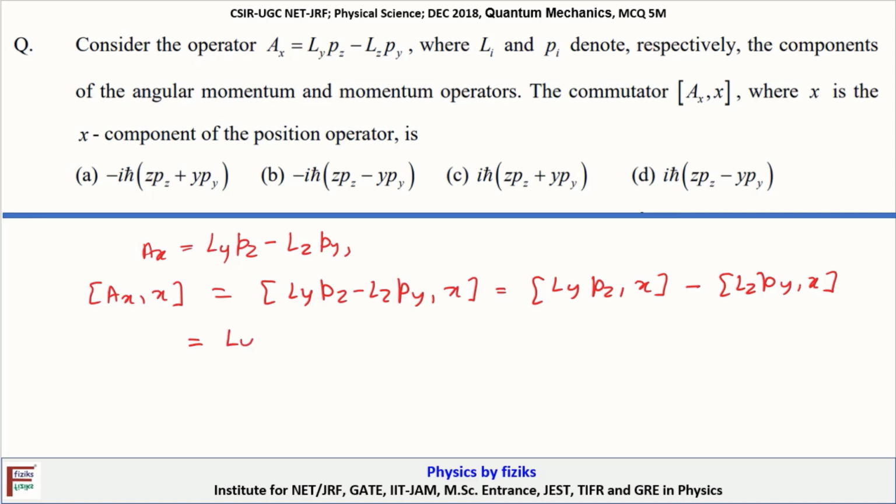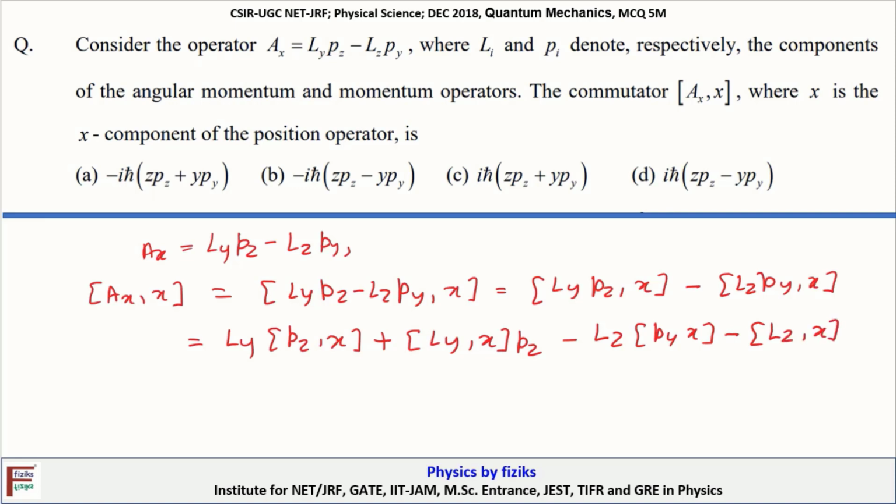So now we can have Ly Pz X plus Ly X Pz minus Lz Py X minus Lz X Py.